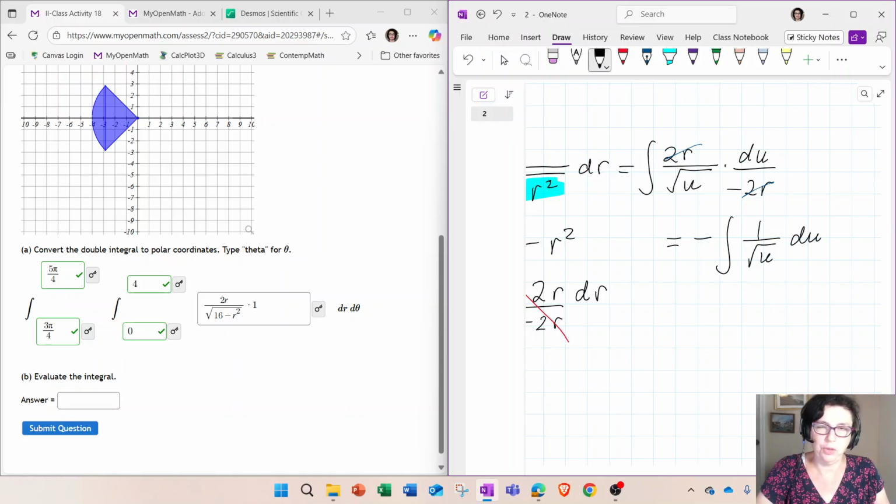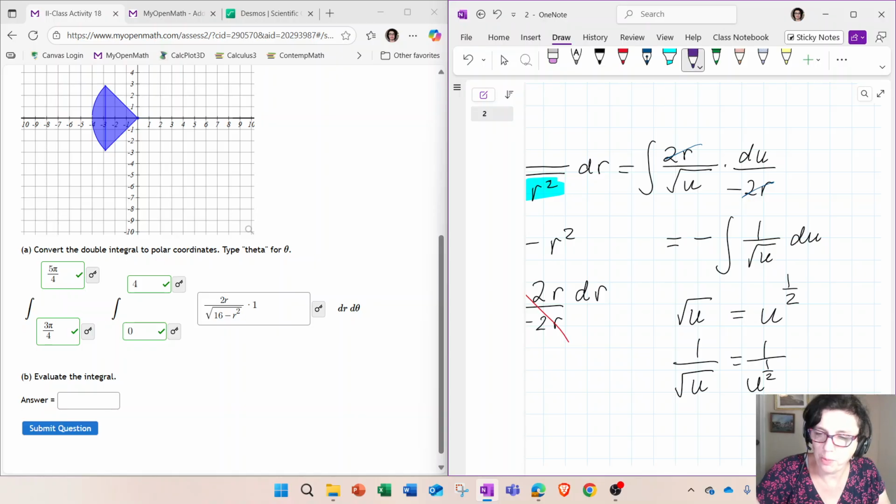Now, how do we integrate something like that? You need to know that whenever you have square root of u, that is the same as u to the power 1/2. But because it's on the bottom, you can move this to the top. And when you move it, it becomes a negative power, right?